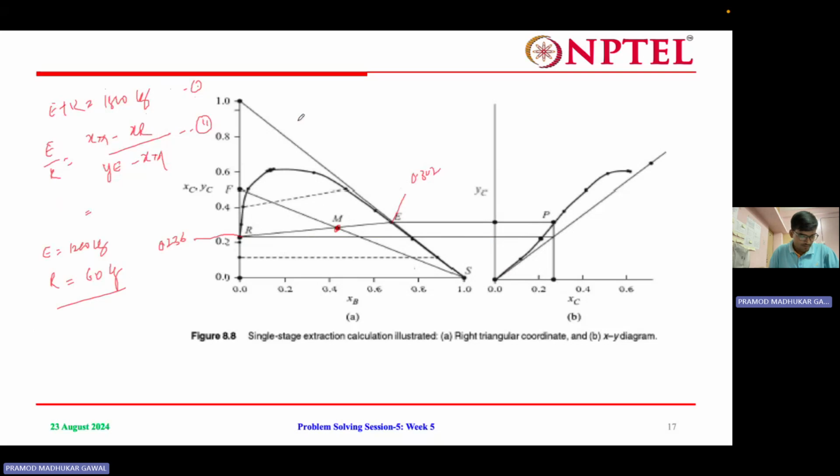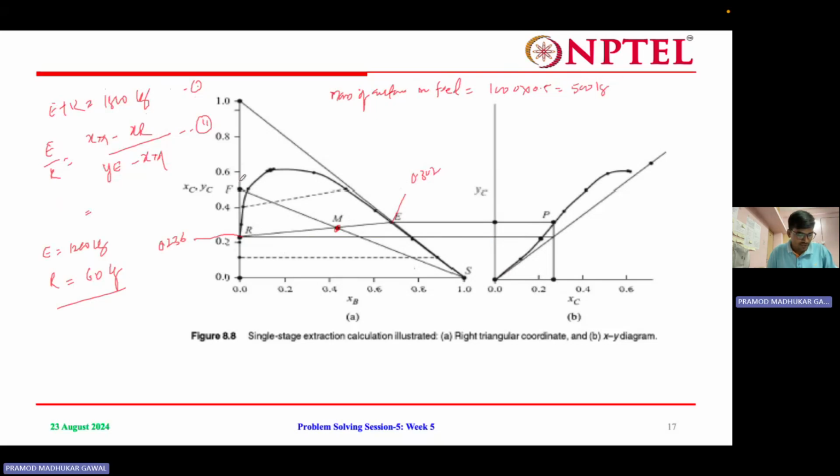Now the mass of acetone in the feed is 1000 into 0.5, so 500 kg, right?